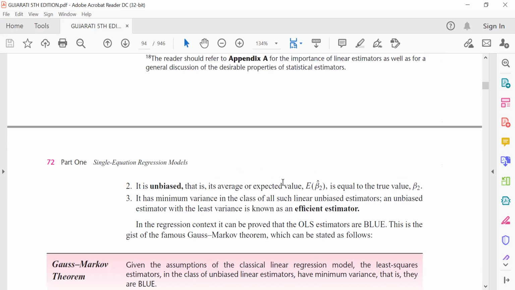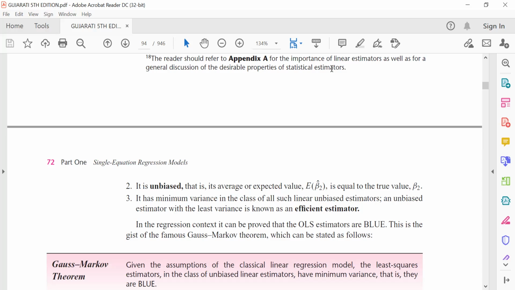This is ideal. But in reality, some of the estimated parameters are not as expected. What is the best? Best means the parameter has minimum variance in the class of all the unbiased estimators.